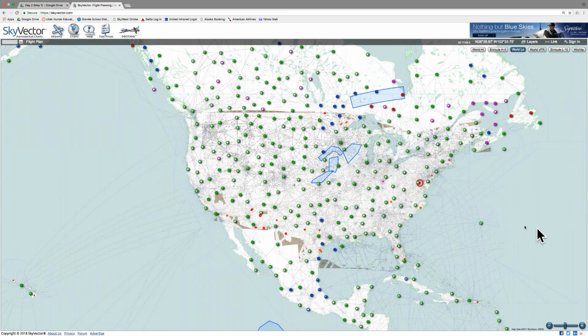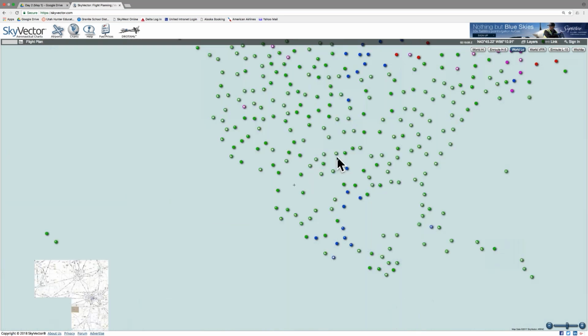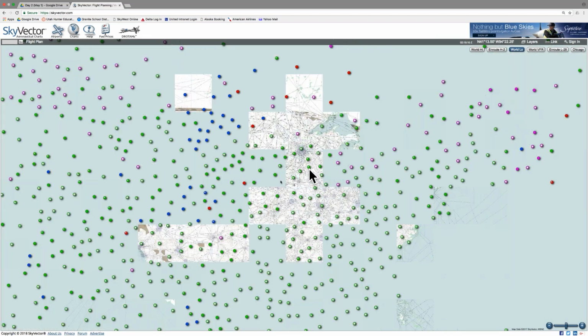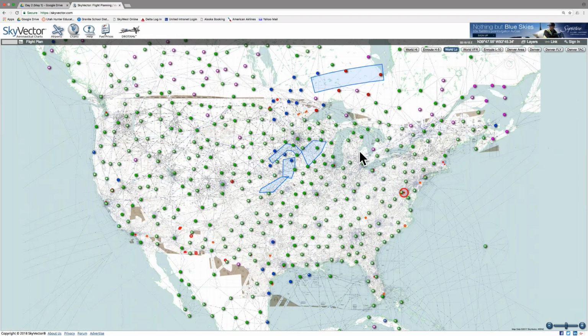But as for study guides, Crystal, when it comes to these nav charts, your study guide will be the legends.